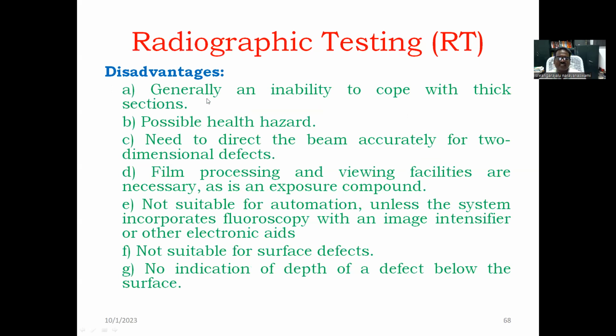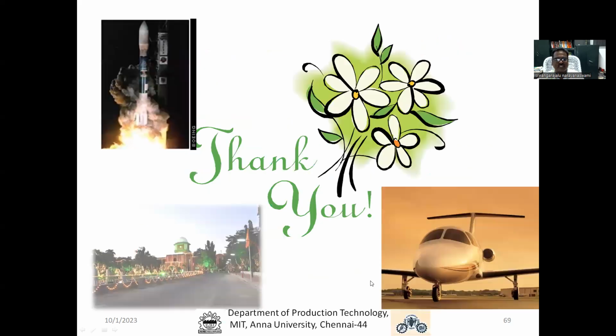And the disadvantages: generally an inability to cope with thick sections, possible health hazard, need to direct the beam accurately for two-dimensional defects. Film processing and viewing facilities are necessary, it is an expensive process, not suitable for automation unless the system incorporates fluoroscopy with an image intensifier or other electronic aids, not suitable for surface defects, no indication of depth of defects below the surface.